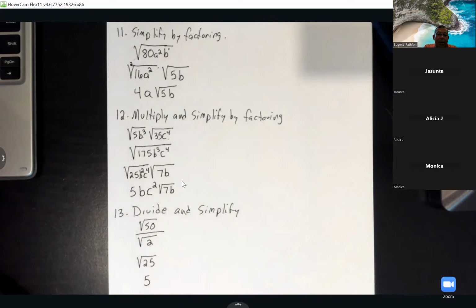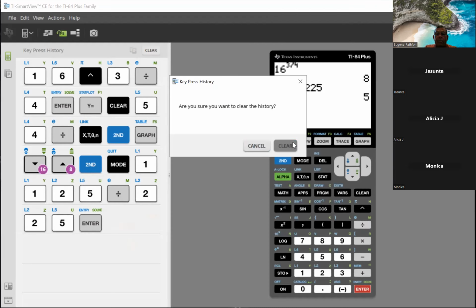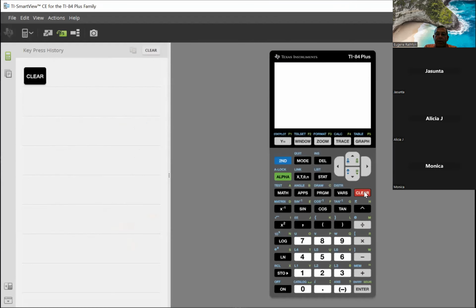So let me show you on the calculator. You can do this one. I'm going to clear my screens real quick. So I could do second x squared and put a 25 in there. Arrow out from the radical and put my divide.